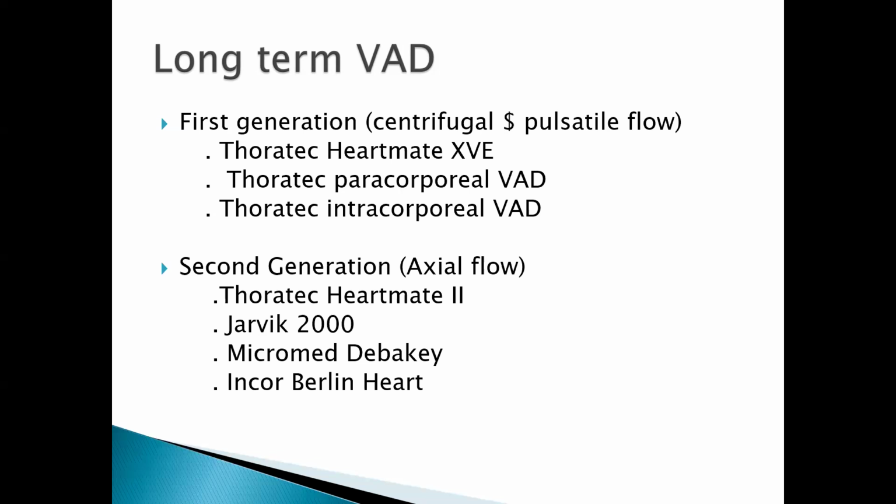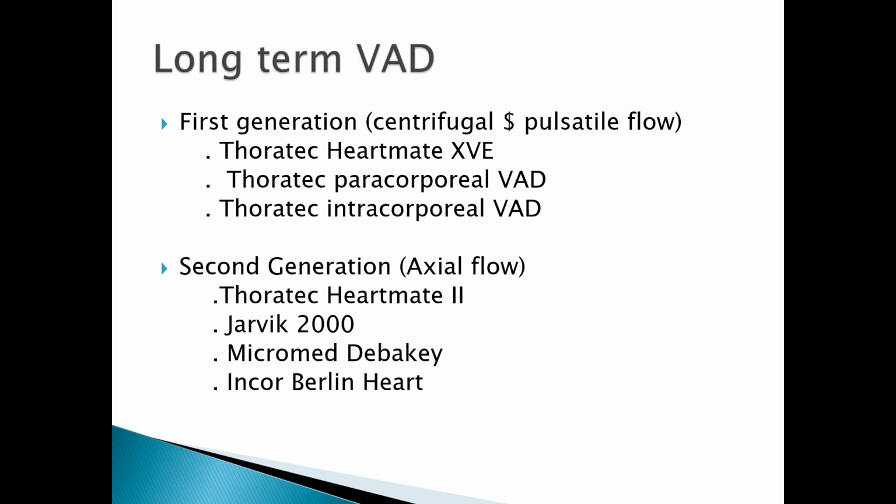In classifying them, we have the first generation. These first generation ventricular assist devices make use of the centrifugal and pulsatile flow system, which I had already explained in the slide. Examples were the Thoratec HeartMate XVE, the Thoratec paracorporeal ventricular assist device, then the Thoratec intracorporeal ventricular assist device.